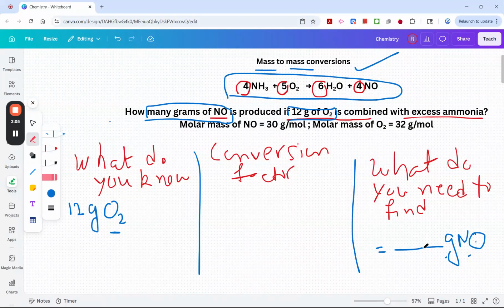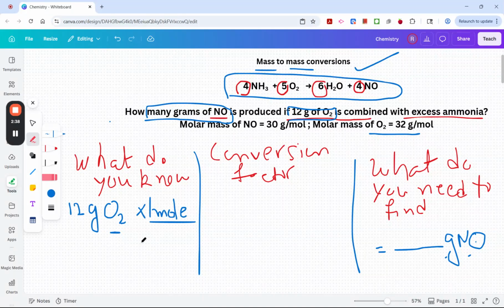But first, I need to change grams into moles so that I can use my molar ratio from the balanced equation. How do I convert these grams into moles? Same concept. 1 mole of anything in terms of grams is equal to its molar mass. In the question, I have already written the molar mass, oxygen is 32 grams. Students are usually confused.